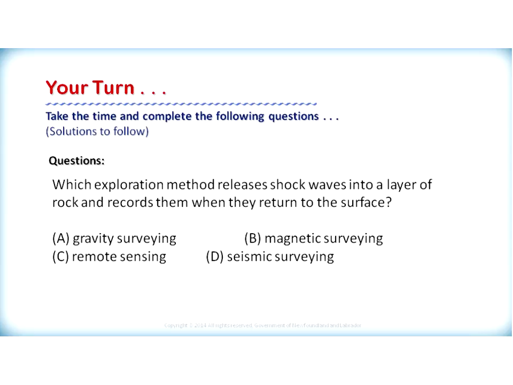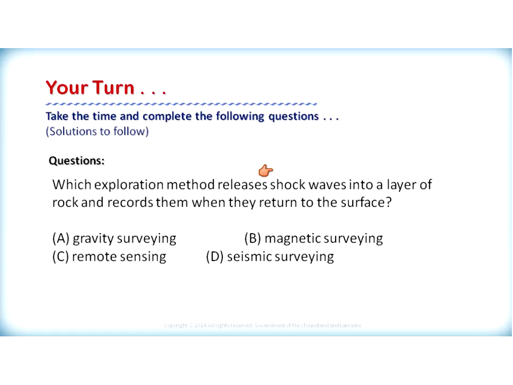Question reads, which exploration method releases shock waves into a layer of rock and records them when they return to the surface? Our choices include gravity surveying, magnetic surveying, remote sensing, and seismic surveying.